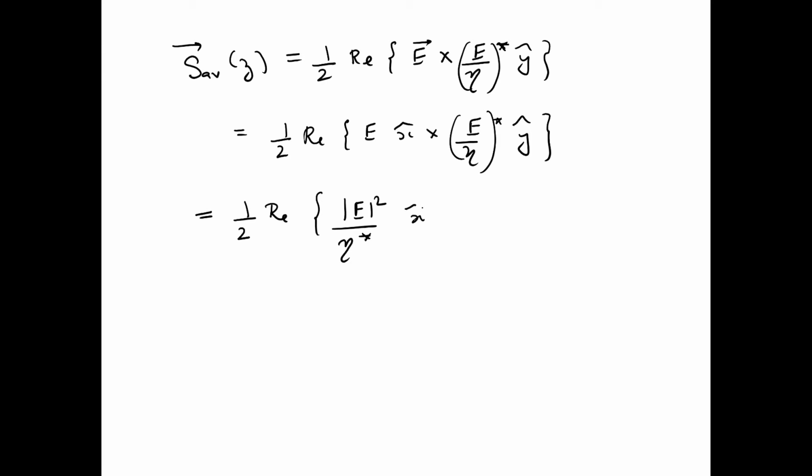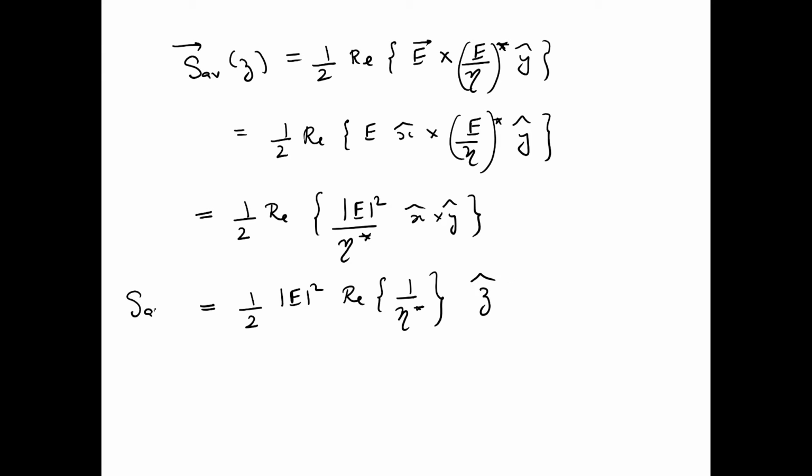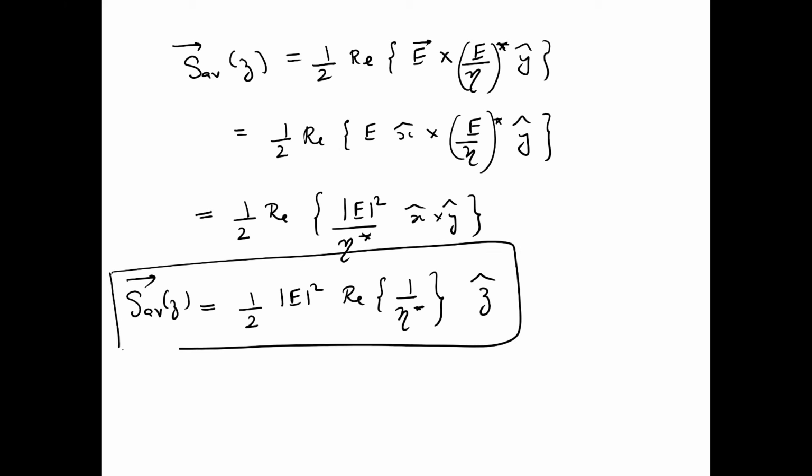X cross Y is your Z. Magnitude of E squared is always going to be real. So this becomes half E squared times real of 1 by eta star in the Z direction. And with that, you can calculate your average intensity within a wave.